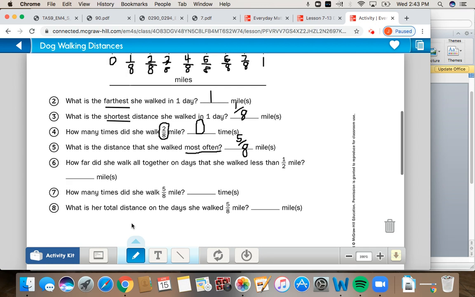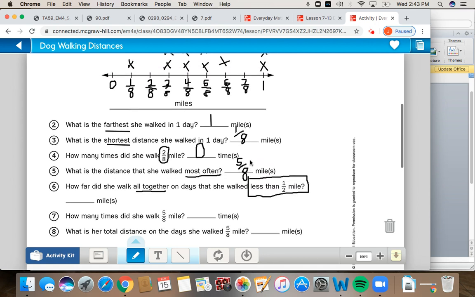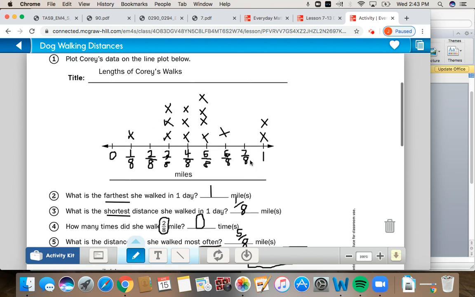All right. Number 6. How far did she walk all together on days that she walked less than a half a mile? All right. So let me go see. Let me find those days where she walked less than a half a mile.